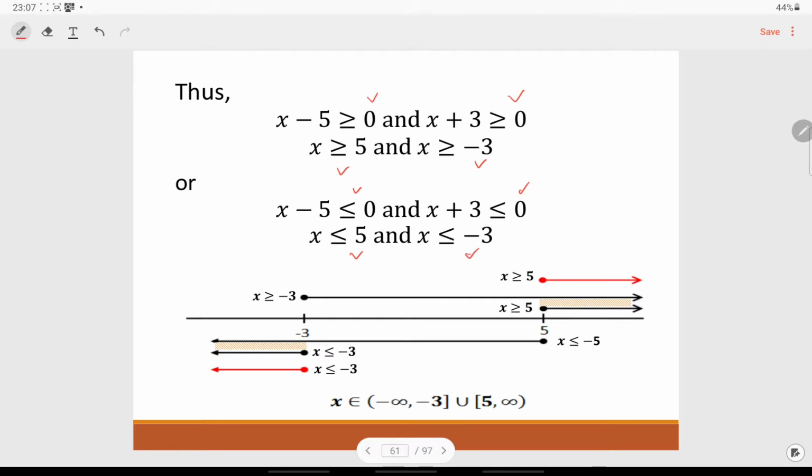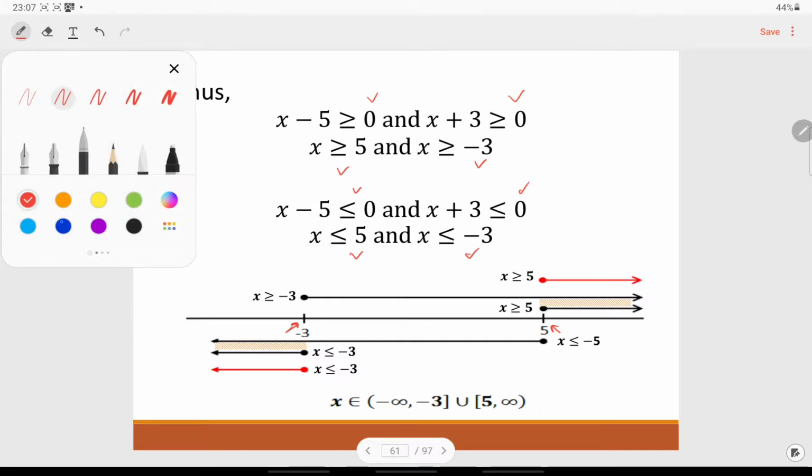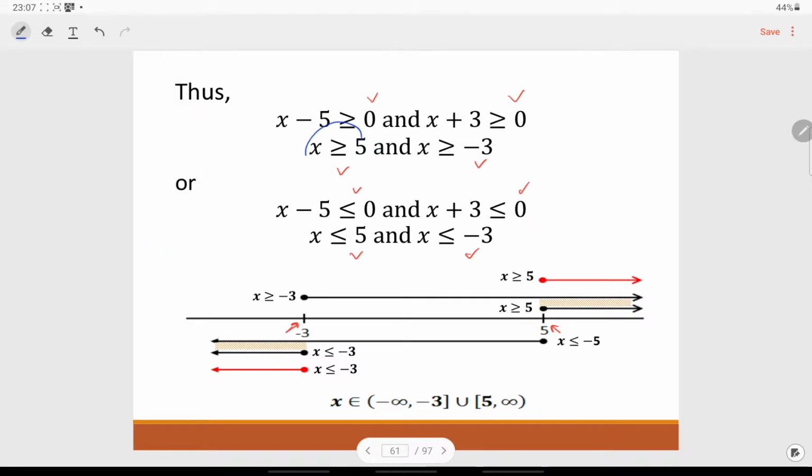Now we can use the real number line. Do you still remember the real number line? We have negative 3 here, and we have 5 here. We denote one by one. We have 4 inequalities to be considered here: this one, this one, this one, and this one on the real number line. We start with x greater than or equal to 5.